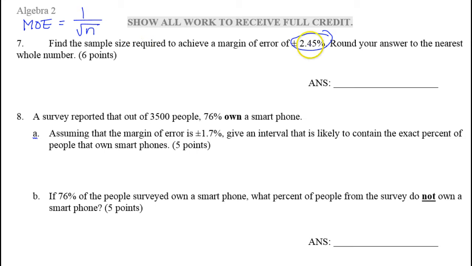So fine, the margin of error is 2.45%. So that goes right here in the formula. So I have a choice. I can put 2.45% if I want to. That's okay. The percent is mandatory though. And then I have 1 over the square root of the sample size. So this is one way I could solve this problem.